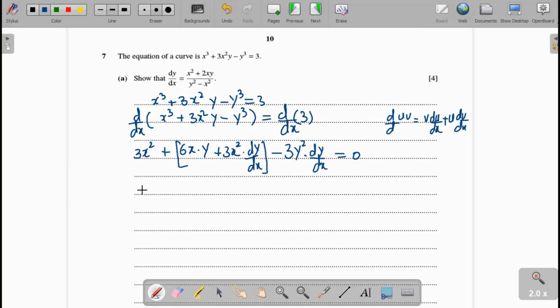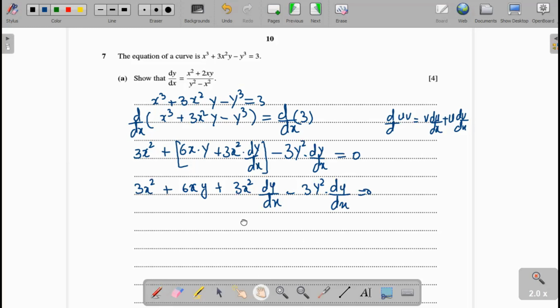The next is 3x squared written as it is, plus 6xy, plus 3x squared times dy/dx, minus 3y squared dy/dx equals 0.